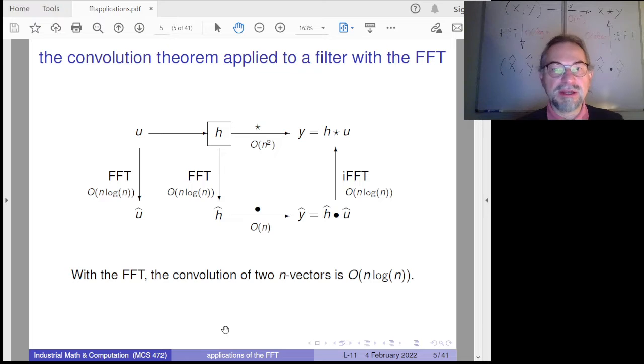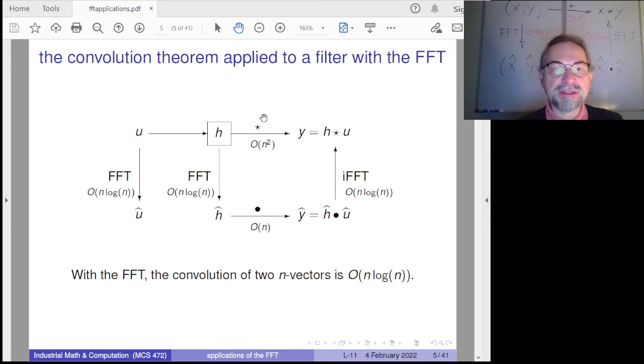Here is the computational importance. Our course is mainly computational. We have the n log n of the fast Fourier transform and also of the inverse fast Fourier transform.